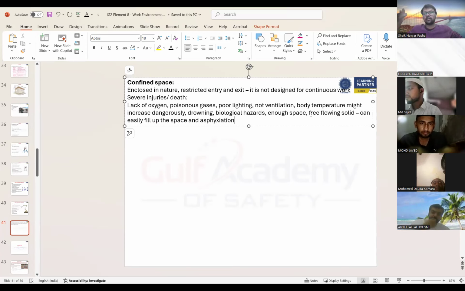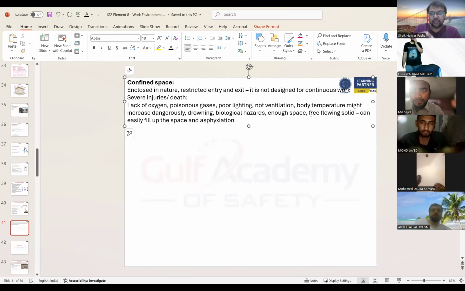It means when the worker is completely buried under this free flowing solid, he will not be able to breathe properly. That could result in suffocation and death. So that is why confined space entries are considered to be high risk activities.